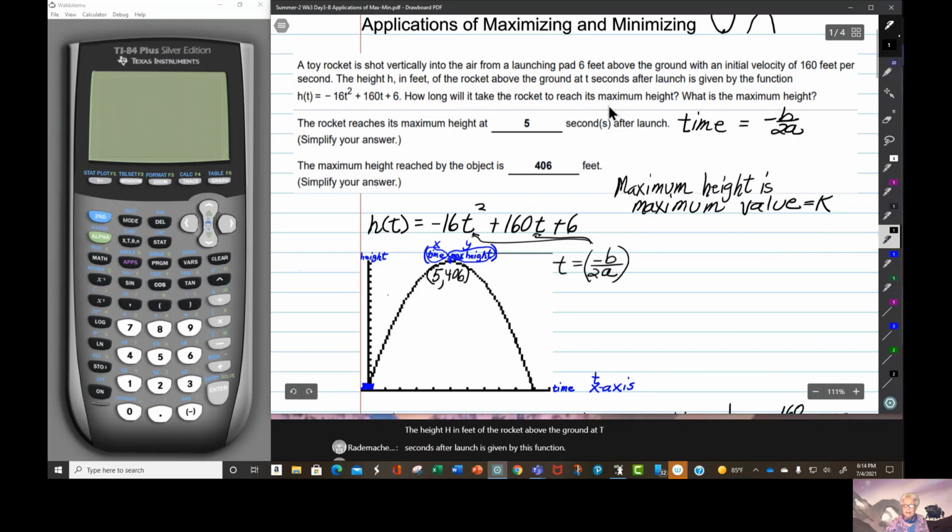How long will it take the rocket to reach its maximum height? How long means time. Time acts like x. So that's what you use to find negative b over 2a. Then what is the maximum height? That's the maximum value, k.